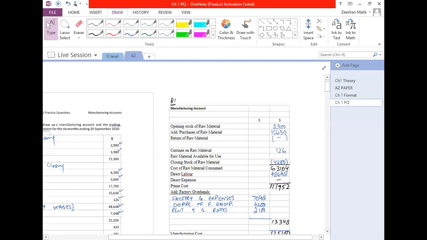Now we are moving towards income statement. This value, look here, transfer to cost of sales. 125400.